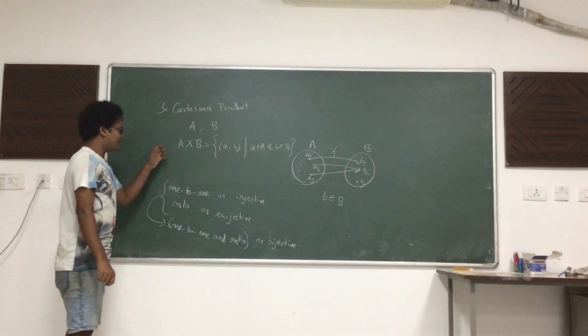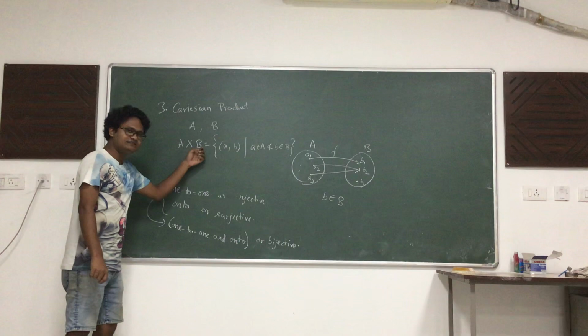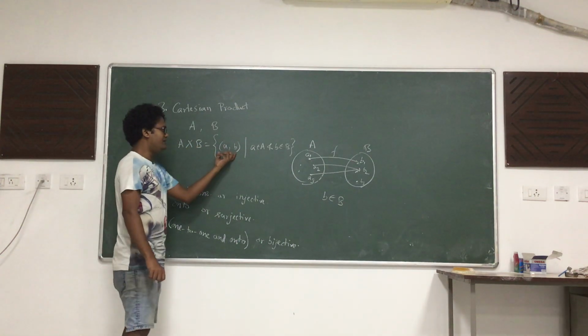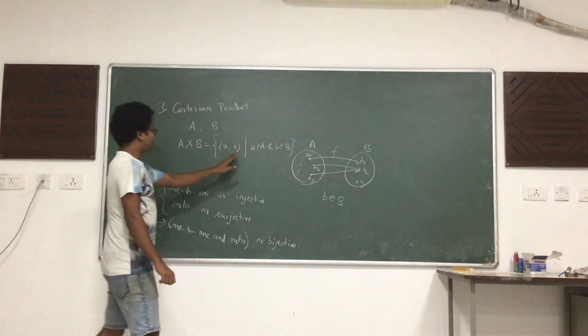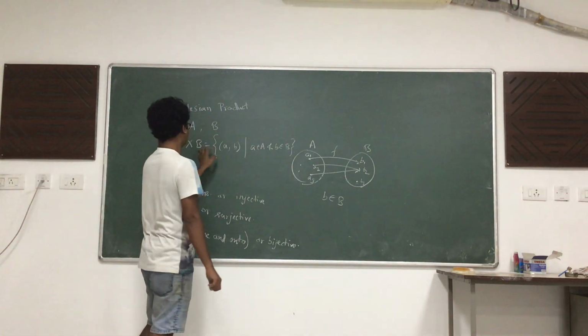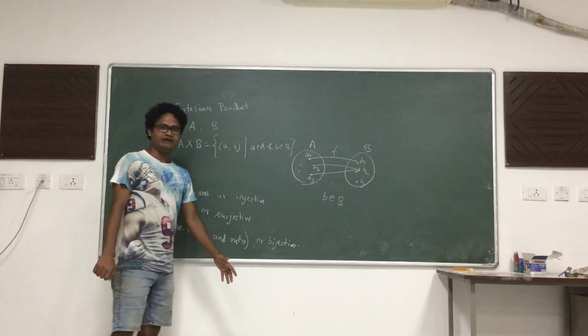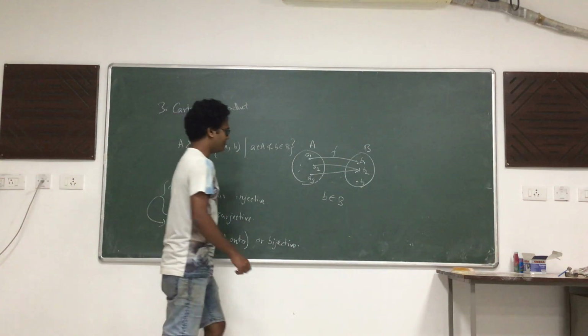You take all the elements from A and, for each element of B, you write the pair (a, b), where the first element comes from A and the second comes from B. You take all the possible pairs.